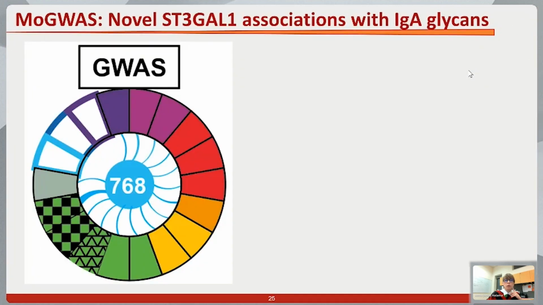So now moving to our GWAS associations. We found around 700 GWAS associations. The majority of them were reflecting previously known associations, so we are replicating previous studies.